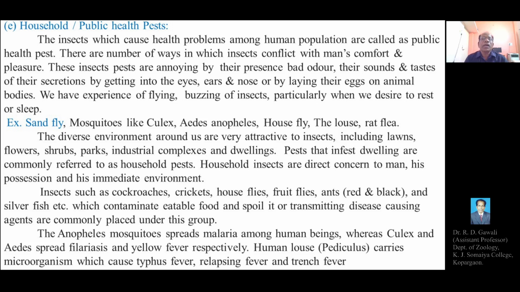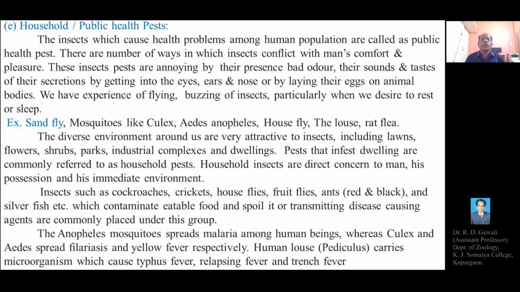These insect pests are annoying by their presence, bad odor, their sounds and the tastes of their secretions, and by getting into the eyes, ears, and nose. So these lead to general annoyance of the human, or by laying their eggs on animal bodies.